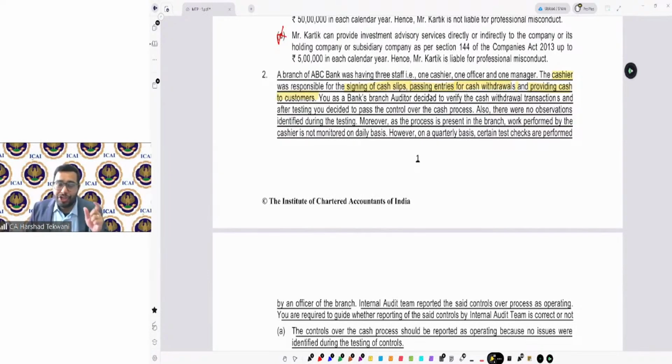Now, if a cashier is allowed to sign a cash slip and pass an entry for the cash withdrawal, plus he is allowed to handle the cash, then there is no segregation of duty present, first of all. From this point, I can say there is no SOD.